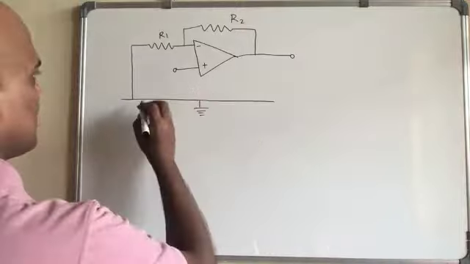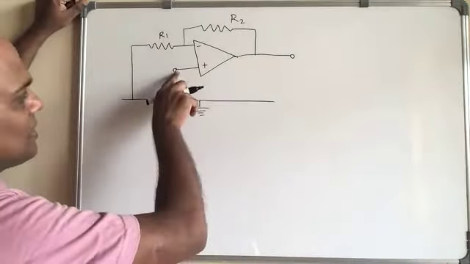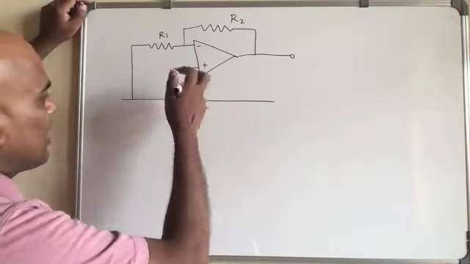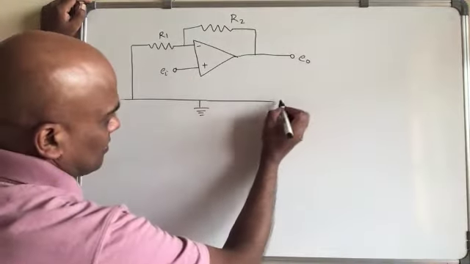This is grounded. So this is how the circuit is. Now the input is going to this plus pin. So this is Ei here, and this is E out.